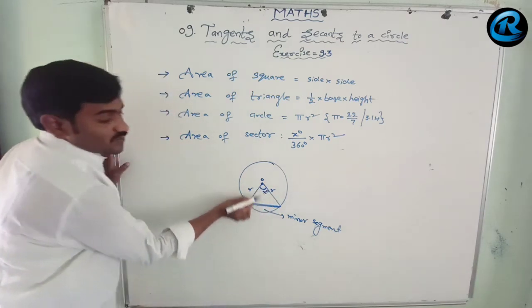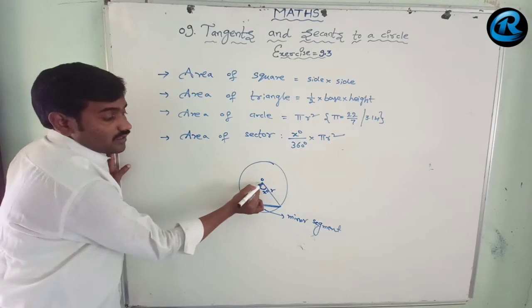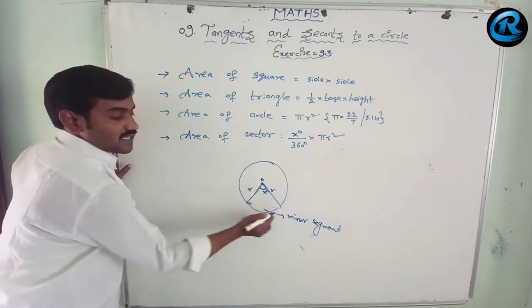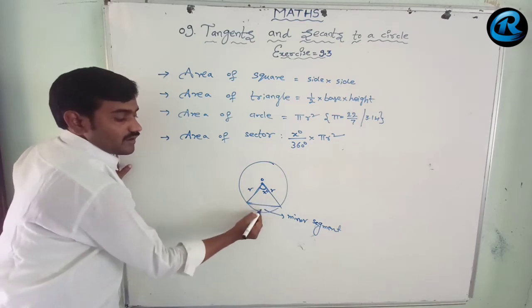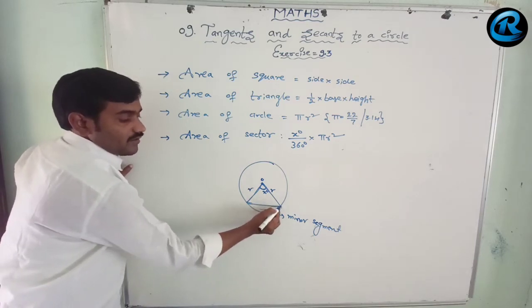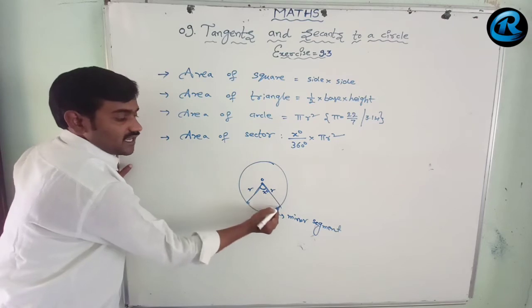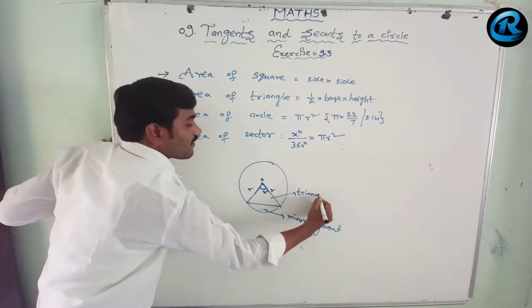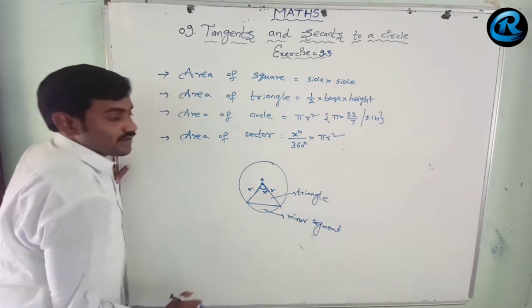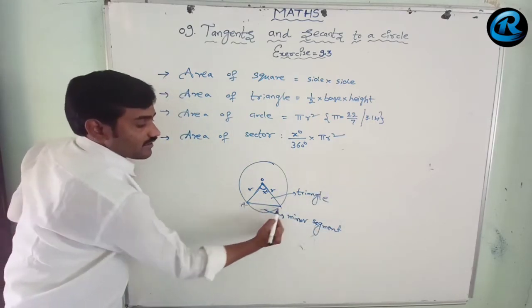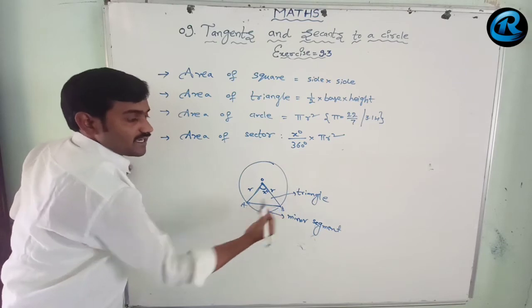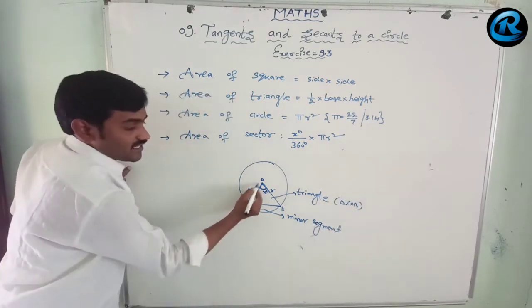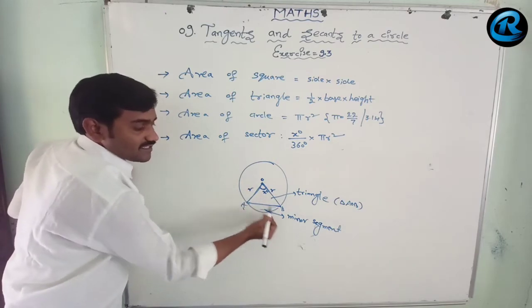Without the chord, this is a sector, and now this is a segment. Here AOB is a triangle, and there is one sector and one segment.